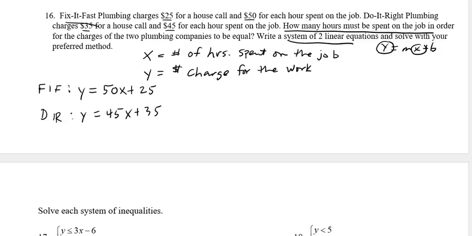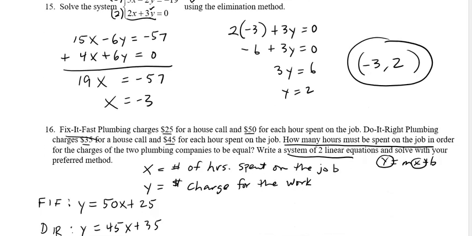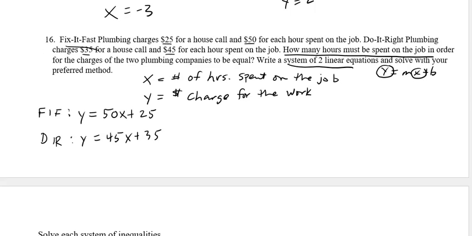Well, it's just a system. It's just like these. And you could use any method you want. I think substitution makes sense because if y is already solved for, then you can replace the y up here and solve for x. So this is just substitution.